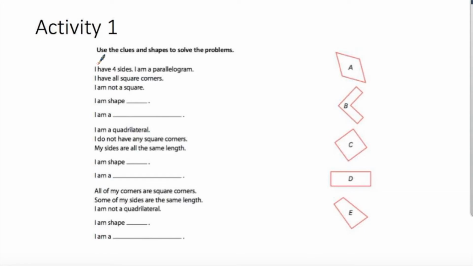I have, meaning the shape, and we're looking at these shapes over here. I have 4 sides. I am a parallelogram. So remember, a parallelogram has 2 sets of parallel sides. Now I'm going to go over here and just kind of cross out what doesn't have those attributes right there, just in that first line.